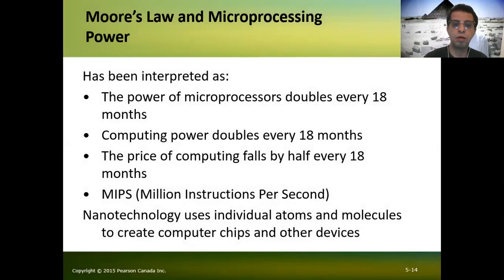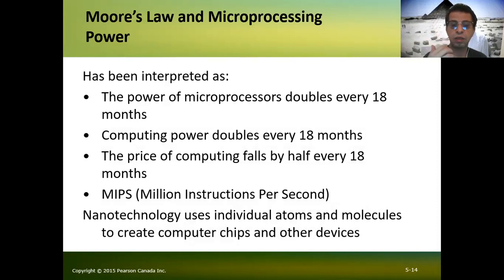Now, Moore's law and microprocessing power has been interpreted as the power of microprocessors usually doubling every 18 months, and that's pretty quick. The computing power doubles every 18 months also, and the price of computing falls by half every 18 months.